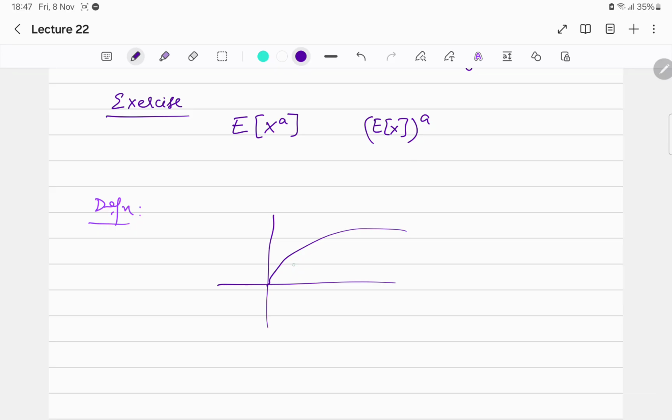So let's say you are looking at the happiness as a function of money. Let's say he has 100 rupees right now. He is happy to some extent. Now I am giving let's say 10 rupees. So now he became 110, like I added plus 10.